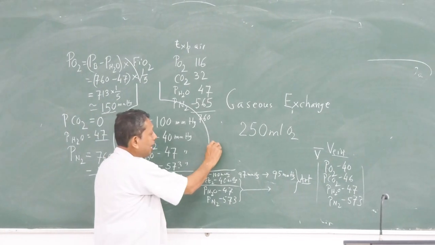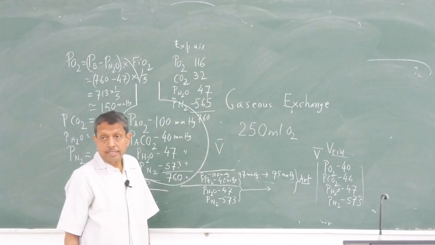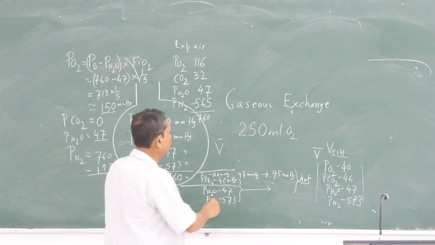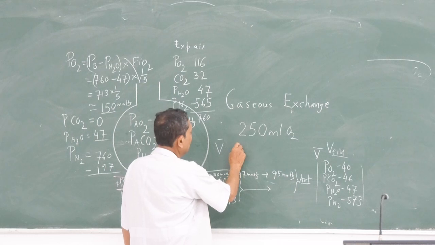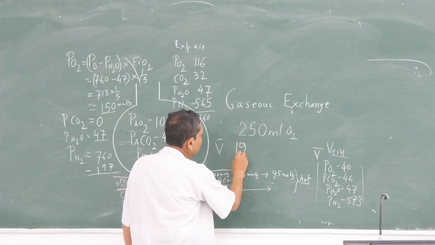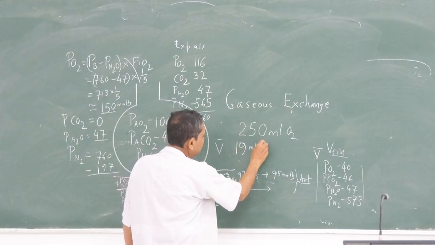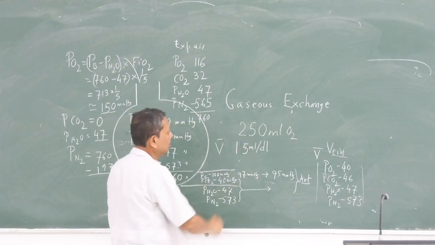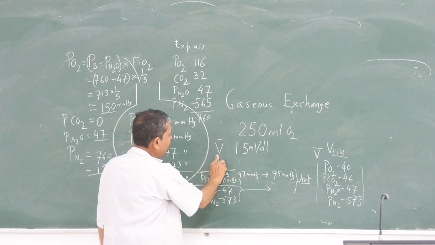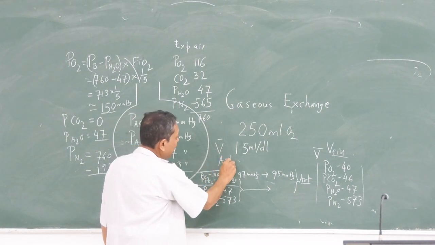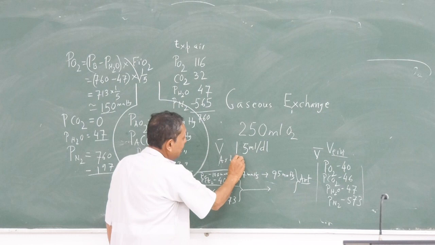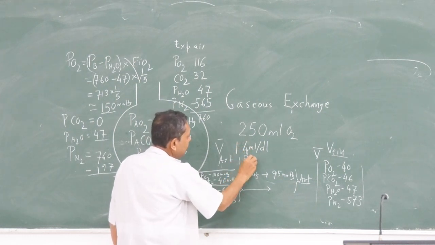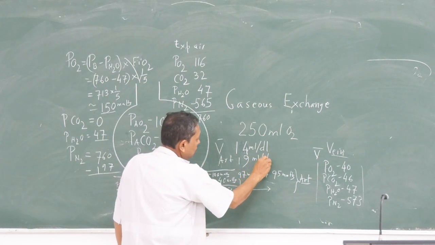In the mixed venous blood, the oxygen content is, suppose, 15 ml per deciliter, and in the arterial blood it is 19 ml per deciliter.